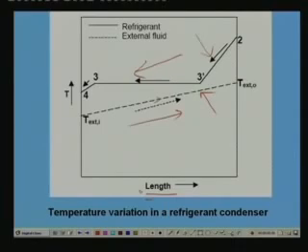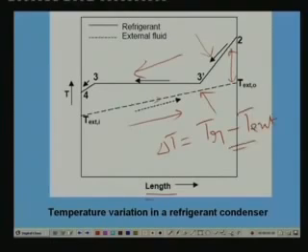Now, you can see that the temperature difference between the refrigerant and external fluid varies continuously. At any point the temperature difference delta T is nothing but T refrigerant minus T external fluid, which varies continuously throughout the length of the condenser.